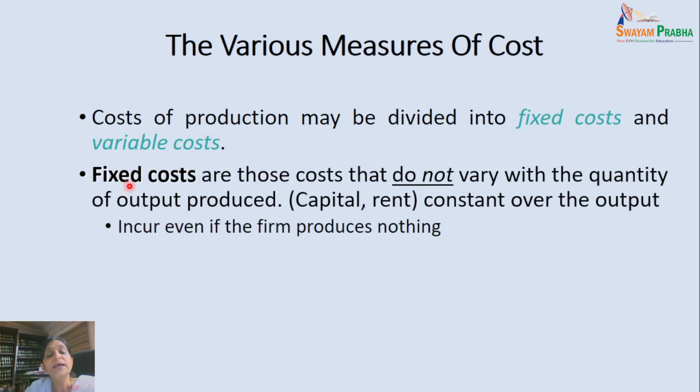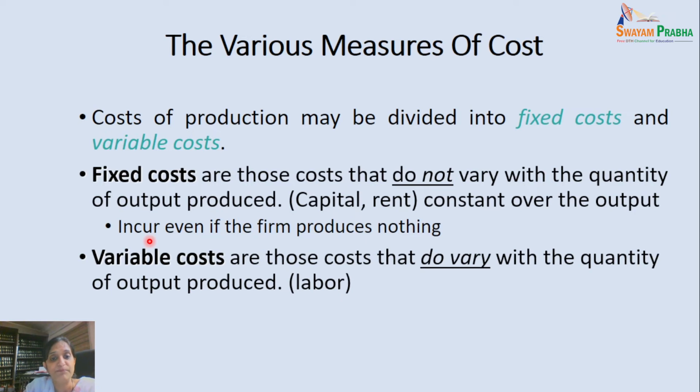These fixed costs are incurred even if the firm is not producing anything. It doesn't mean that if you are not producing anything, there will be no fixed cost. There is going to be some fixed cost even at zero level of output. And if you increase your level of output, this cost is still going to remain constant.